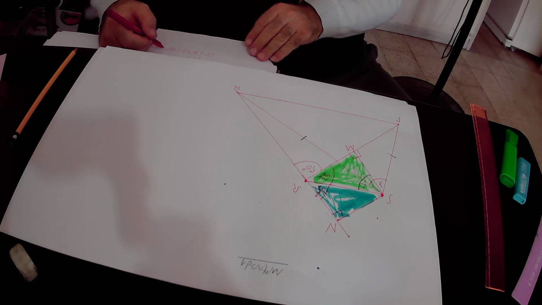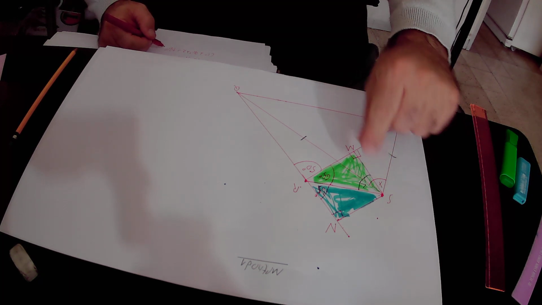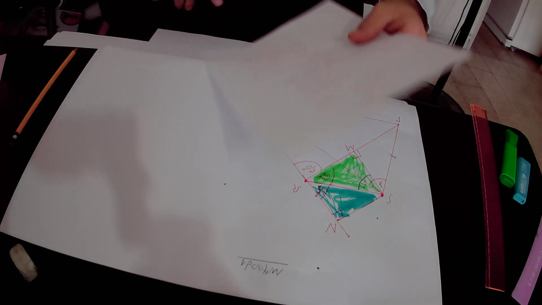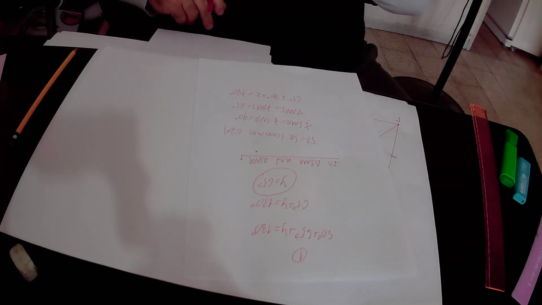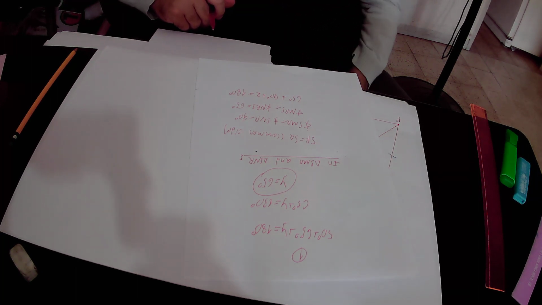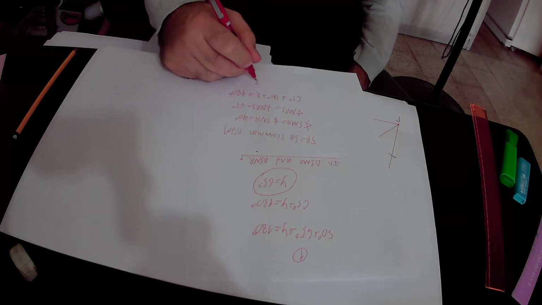So the third angle must be equal also in both triangles. So actually we have 65 degrees plus 90 degrees is 155 degrees, and 180 degrees minus 155 degrees is 25 degrees, so we got that angle Z equals 25 degrees.